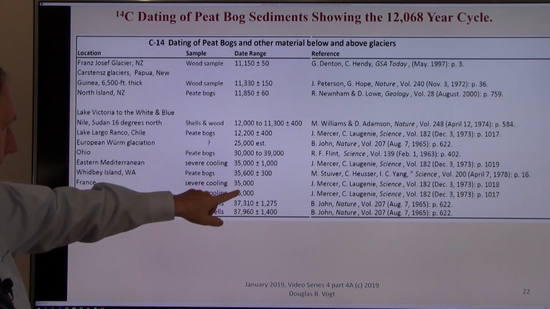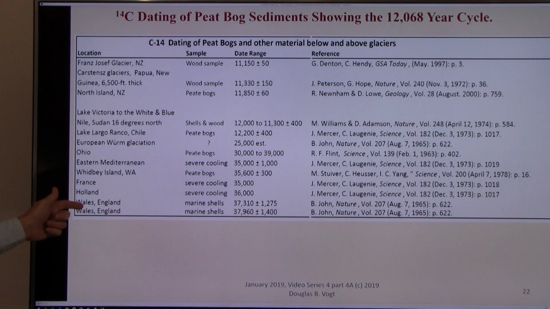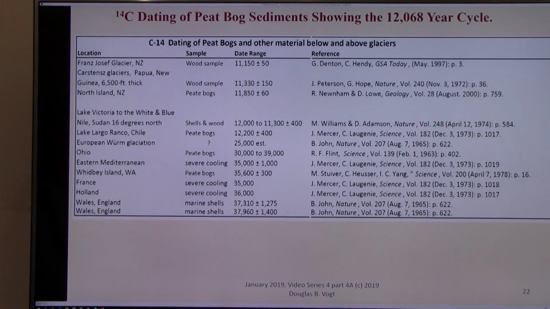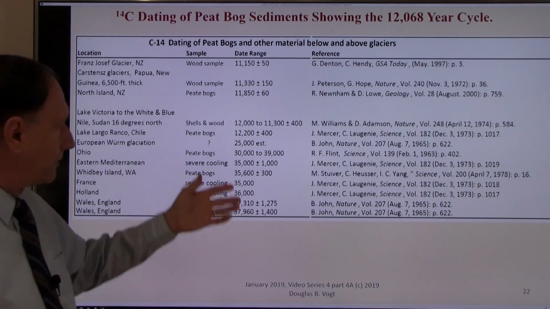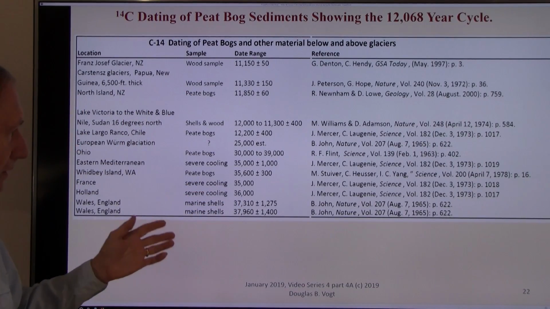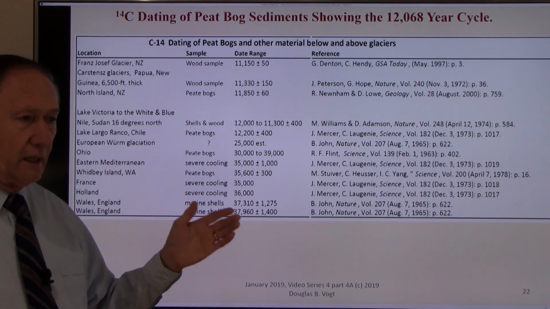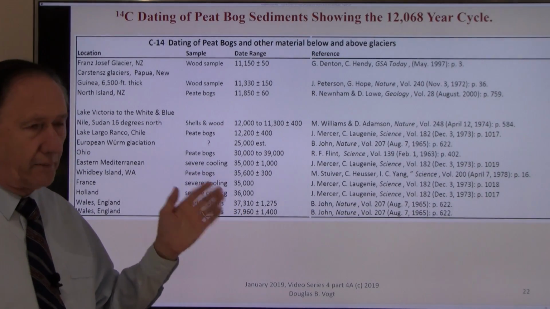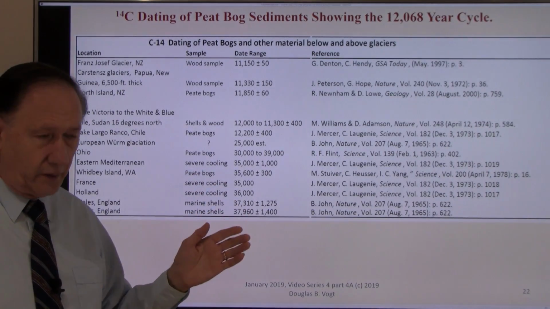Peat bog here, this is all over the world, but quite a few scientists were in the University of Washington, and they did a lot of Washington stuff. England also, all the same stuff. So you can see it's a massive amount of geological evidence, carbon-14 dated evidence, that shows that these cycles happen roughly every 12,000 years.